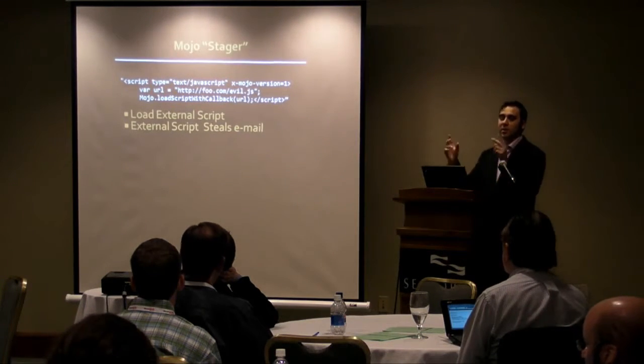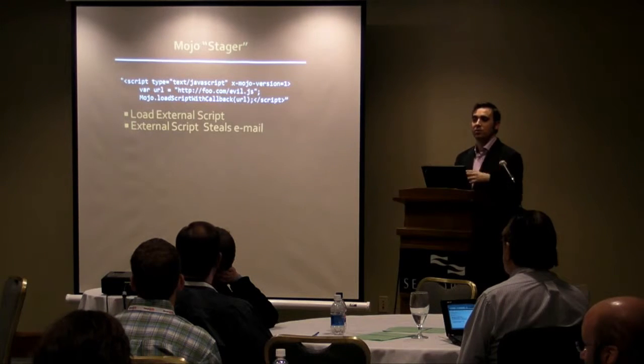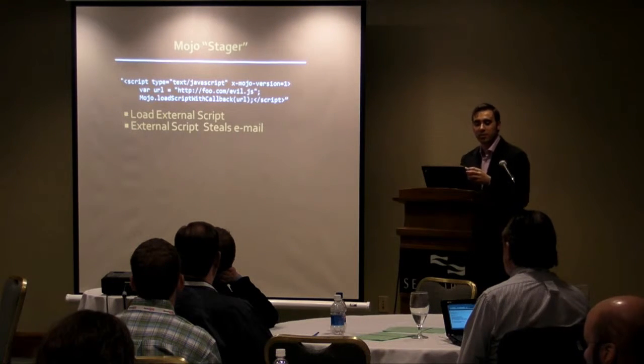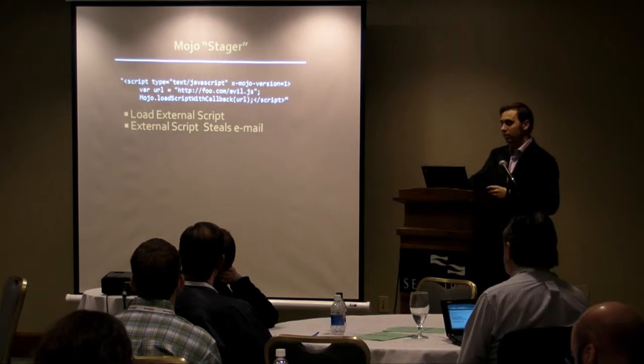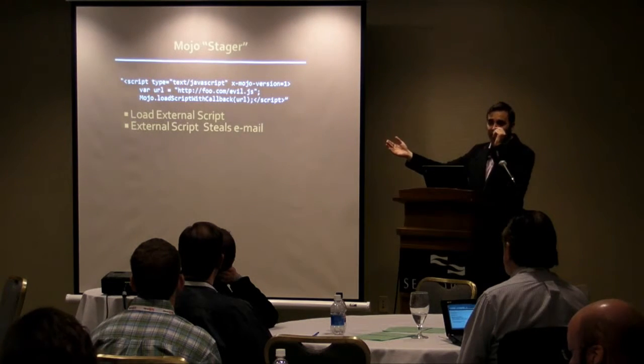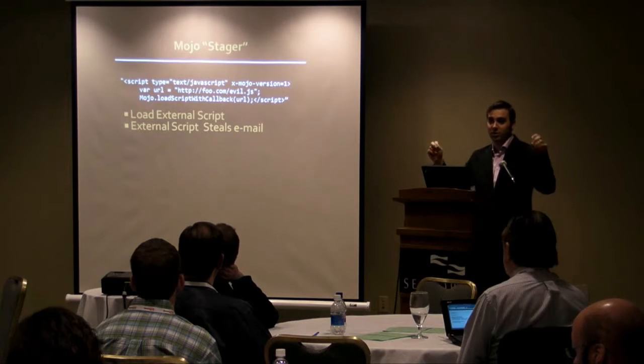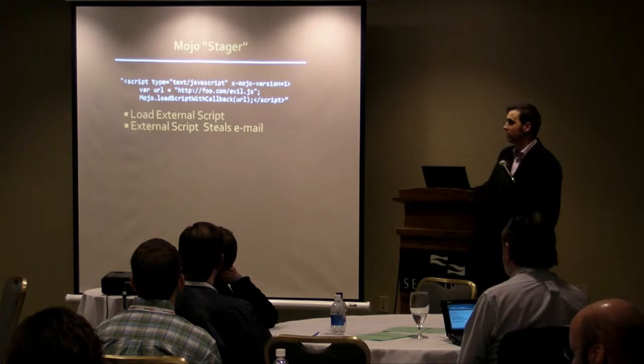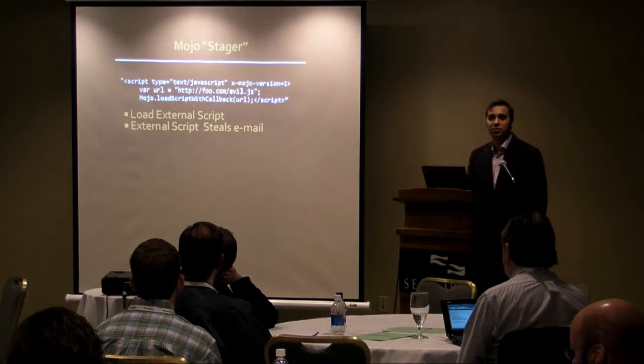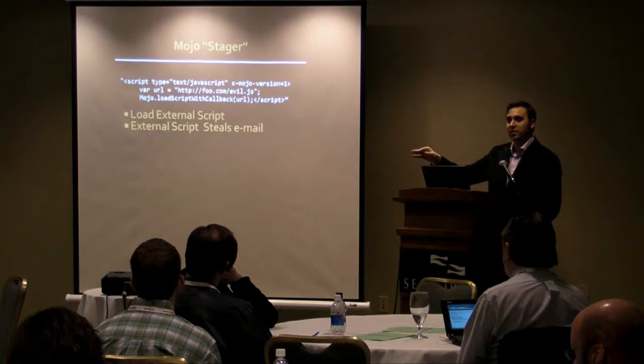That JavaScript is going to be what we call a Mojo stager. So it's a compact snippet of JavaScript. It's going to use the Mojo load script with callback method to refer to an external JavaScript file. That's our shellcode. And that shellcode is going to talk to the email service and basically read all the email out of the email and upload it to a remote service.